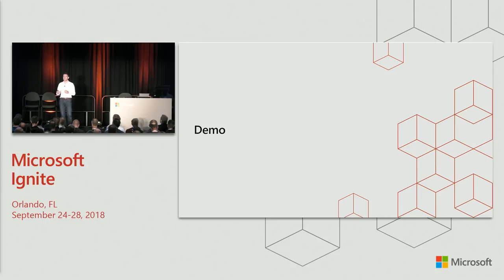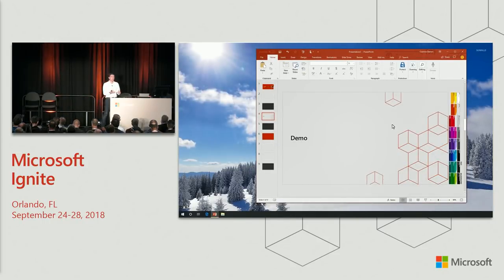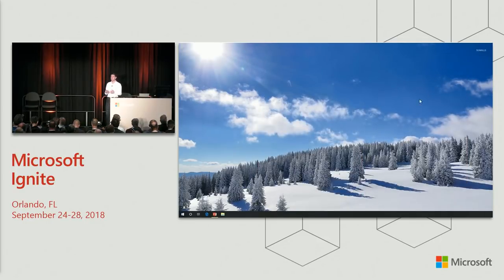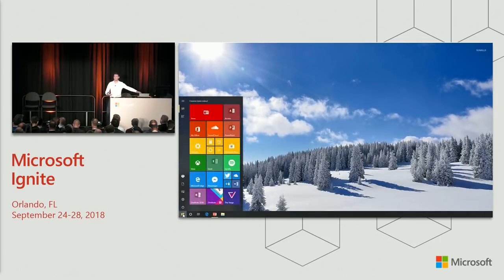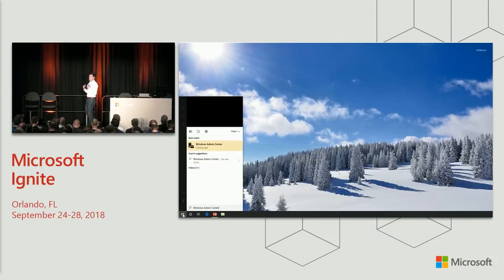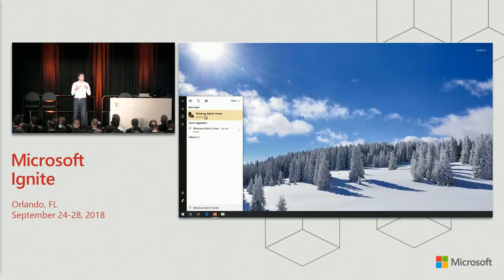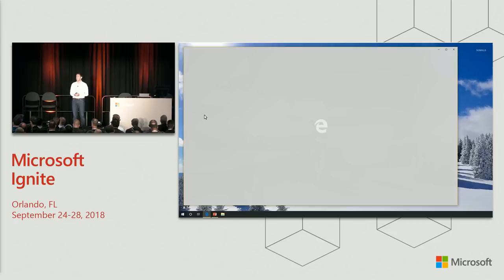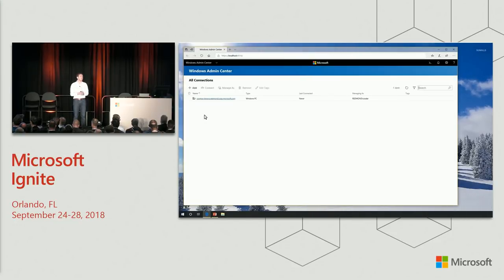When I say browser-based, what that means is you can install it remotely on your client machine, and then just like any other application, you can launch it from the Start menu. So I have it installed on my laptop. So you can search for it in Start, you can launch it, and then it will open in your default web browser. So the only dependency is a modern browser like Microsoft Edge.